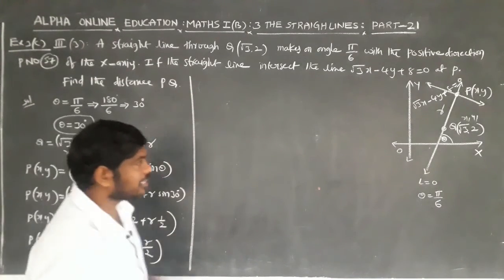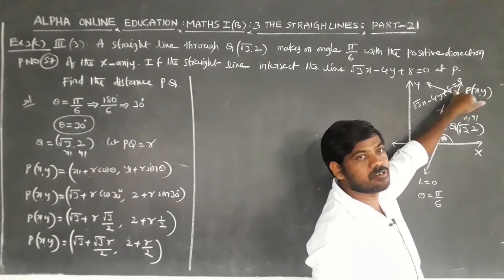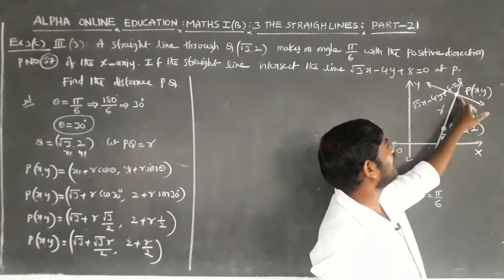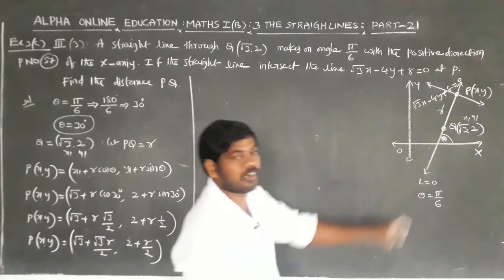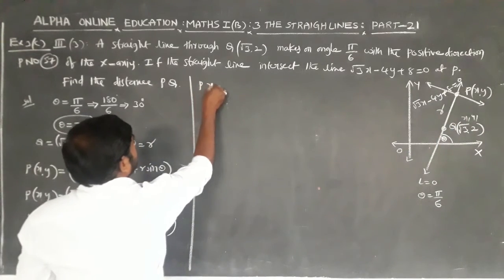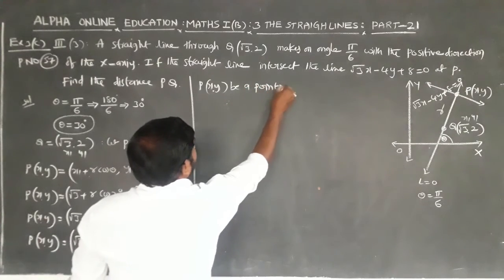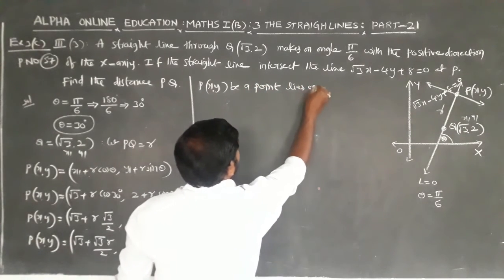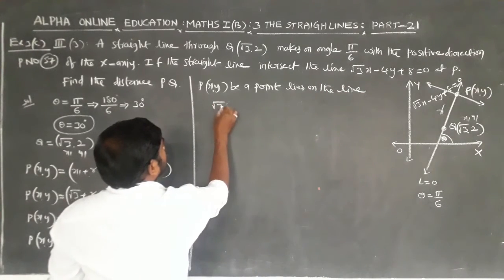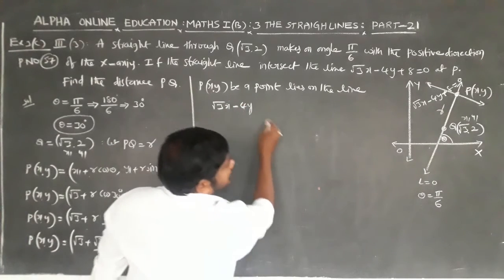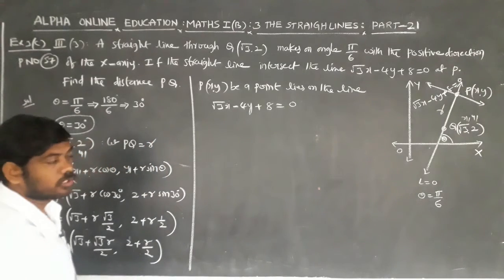Observe that clearly. Here the line root 3x minus 4y plus 8 equal to 0 intersects the line at P. So P(x, y) is a point that lies on the line root 3x minus 4y plus 8 equal to 0.